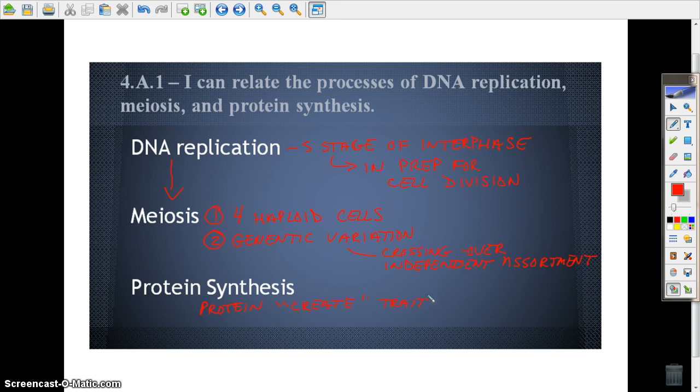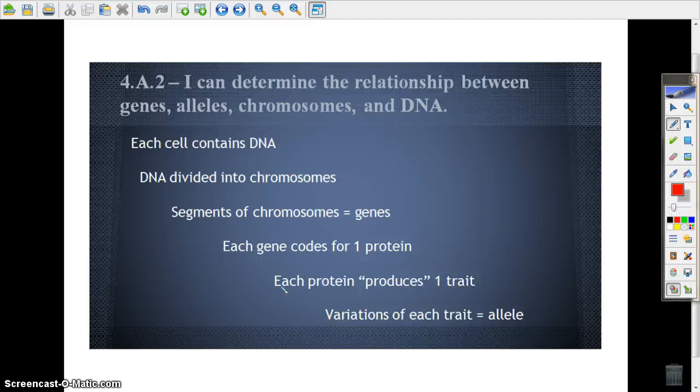Proteins can be molecules that we can do a lot with, but they can be structural, which makes up us. So proteins might make up our hair, might make up our skin, but those are going to be structural things, things that we can see. Other things that proteins are made for is to be used as enzymes and more worker molecules, but those will create traits as well. So our DNA does not create our traits, but our proteins do.